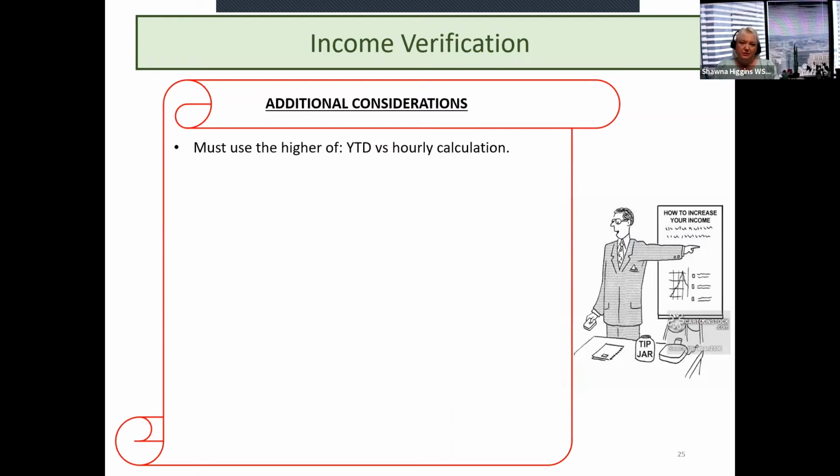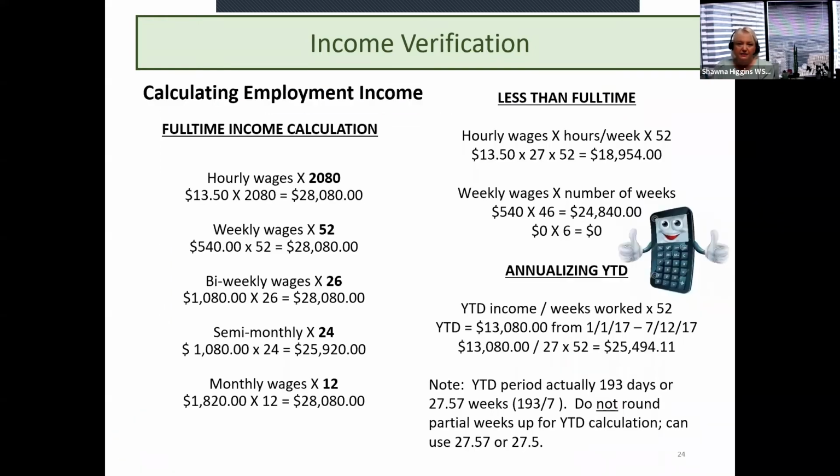So some additional considerations. You must use the higher of the year-to-date calculation versus the hourly calculation. So in our previous slide, let's take a look. Say this is the person that we were looking at. Their hourly is 28,000 and their annualized is 25,000.